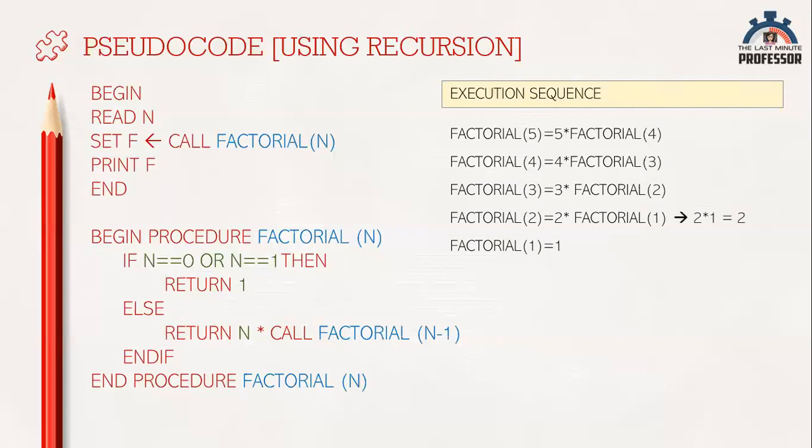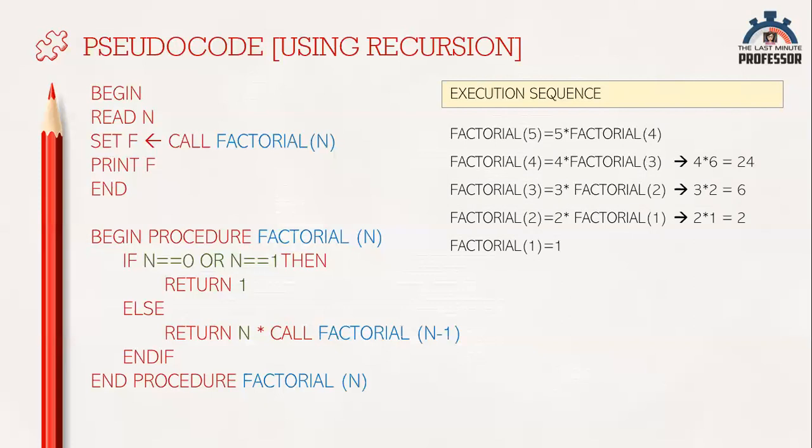So now what will happen is, here the calculation takes place. So factorial of 2 is equal to 2 into 1, which is 2. Now this value gets returned to the previous function call. So factorial of 3 is calculated as 3 into 2. It is found out to be 6. This value gets returned to the previous function call, that is factorial of 4.